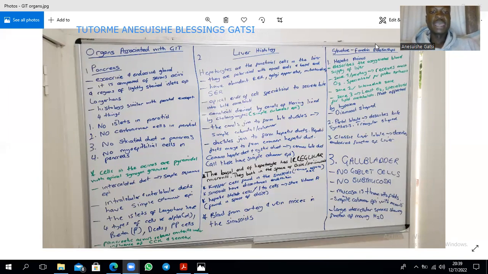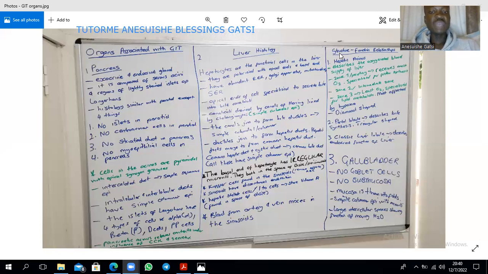Then the cells that are going to be in the pancreas are characterized by an apical acidophilic appearance due to the presence of the zymogen granules, as well as a basophilic basal cytoplasm. And the zymogen granules actually become more apparent in fasting, because you won't be releasing the stored enzymes.